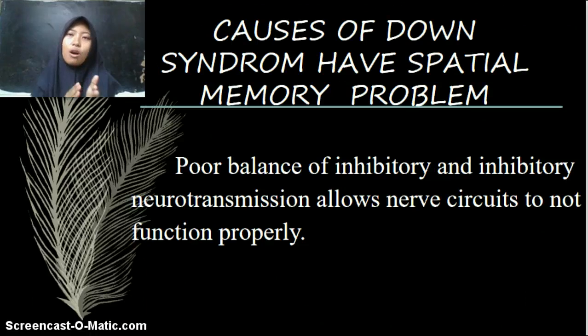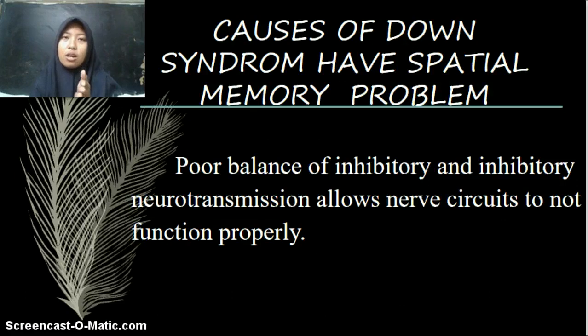This imbalance depends on the dose of GRIK1. Through genetic manipulation techniques, we have normalized the dose of GRIK1 in our Down syndrome model, reverting this imbalance between excitation and inhibition. That's the explanation from Professor Lerma.